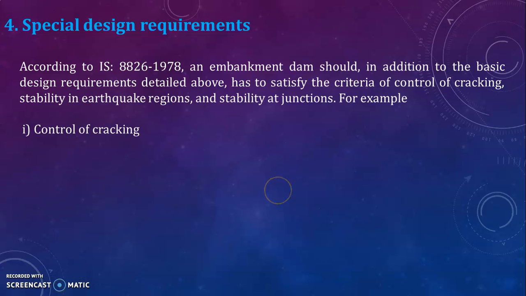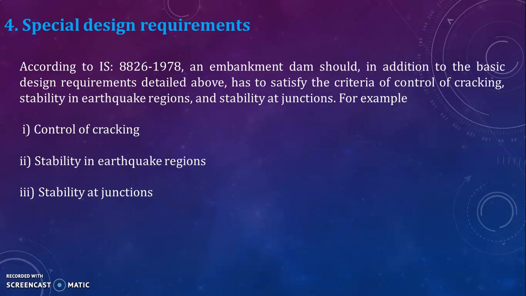I have to take care about these things also: control of cracking, stability in earthquake regions, and stability at junctions. So these three additional points have to be considered while designing the embankment dam or earth dam.